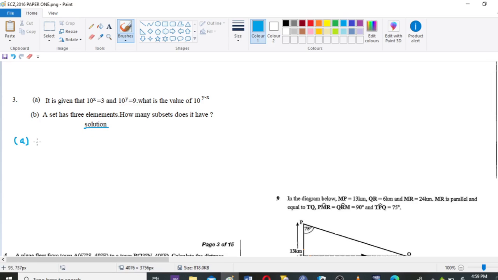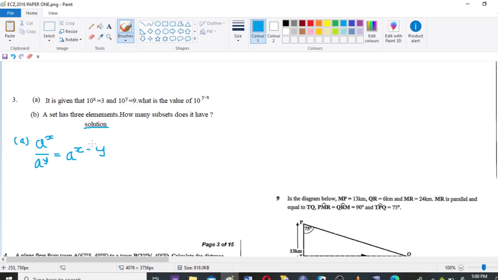Here we're using indices rules. We know that if we have a to the power x divided by a to the power y, this can be written using indices laws as a to the power x minus y.